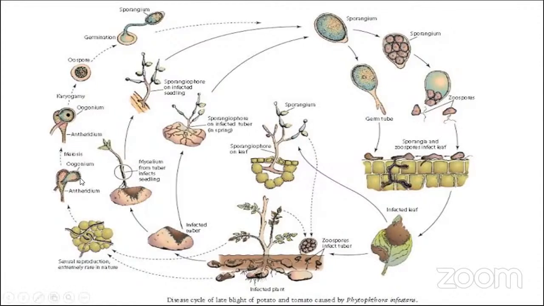They undergo meiosis, the process of cell division, followed by karyogamy, the exchange of nuclear material from one parent to the other, and they form the oospores. Oospores are circular spores, called resting spores, and under suitable environmental conditions they germinate and form the sporangium. Again, the sporangium follows the two pathways as I said earlier.